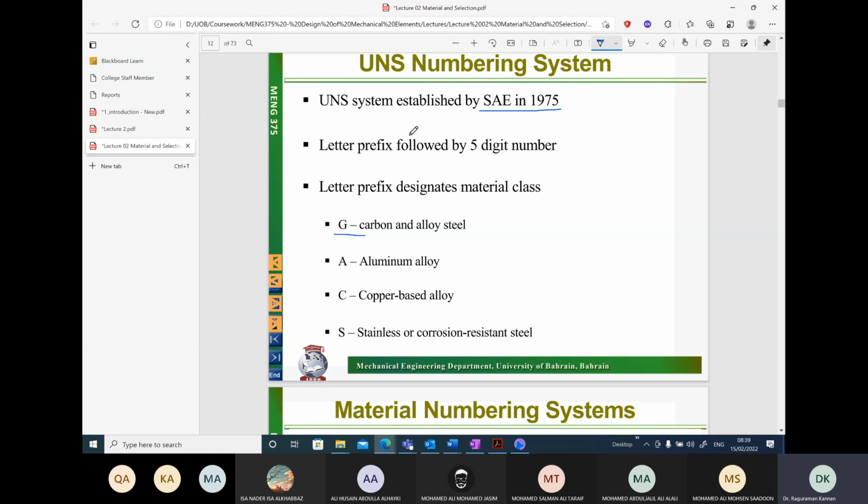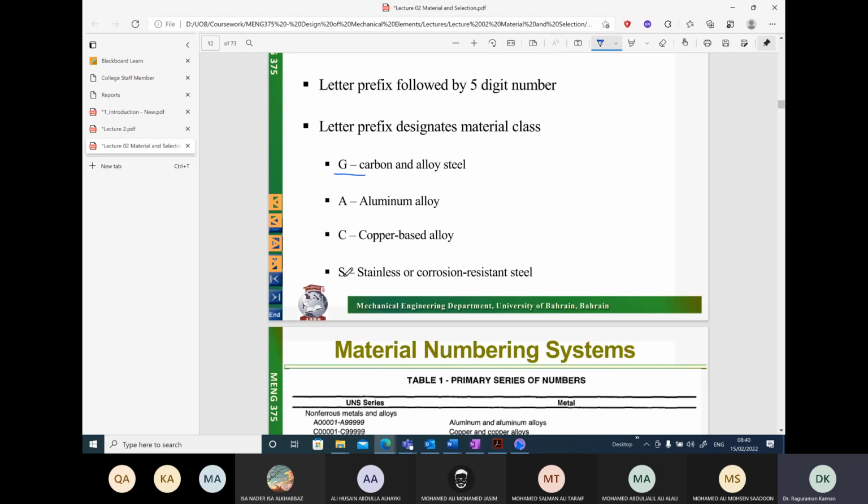Usually the UNS system has 5-digit numbers, and before that you have a letter prefix. So first we go through this letter prefix. G stands for carbon and alloy steels, A for aluminum alloys, C for copper, S for stainless steel, and we use several other letters. We will see those letters later.